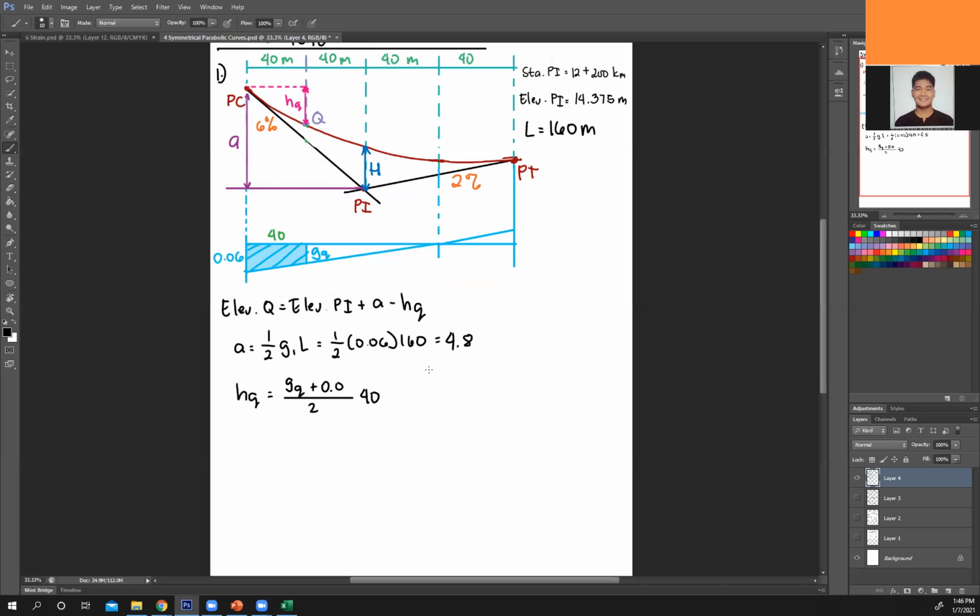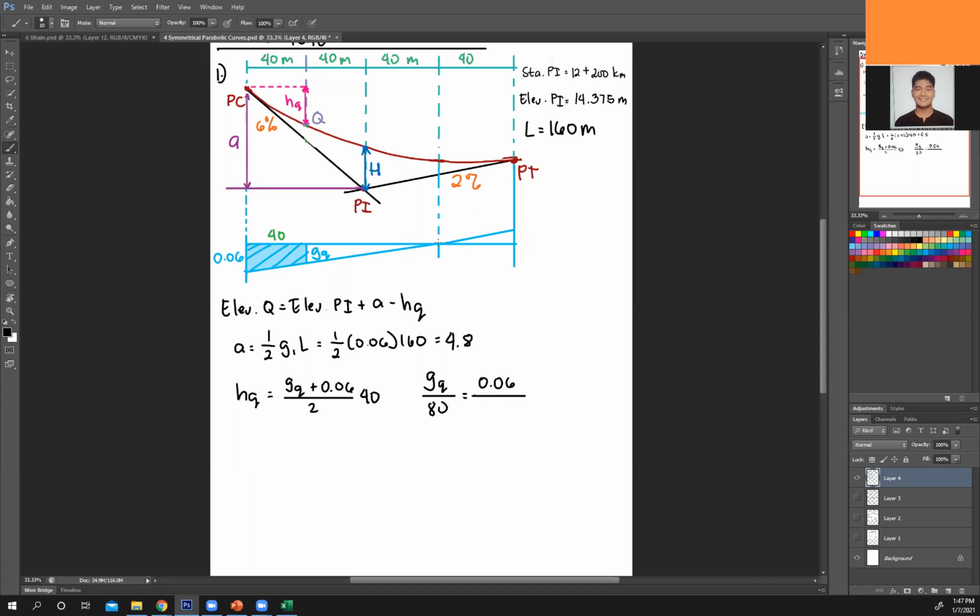So GQ, okay, leg 1 over this length, and that length would be this, right? So it's 80. Equals, and this side and the corresponding side to this, so 0.06 over 120.